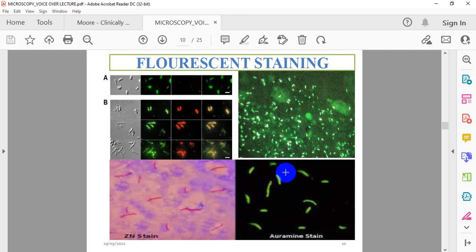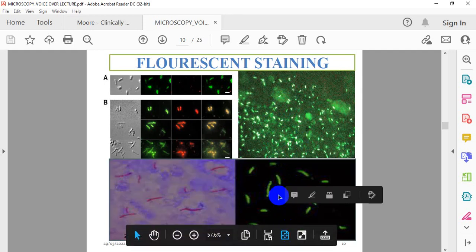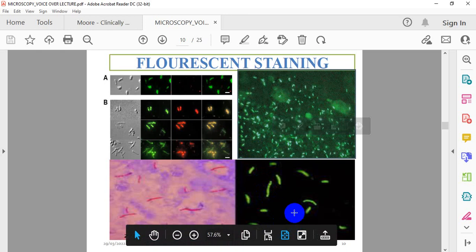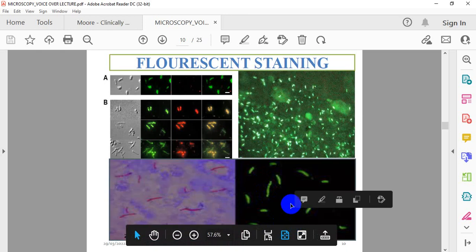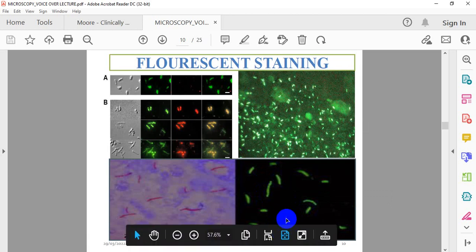In doing fluorescent microscopy in a district or regional hospital lab, or even a teaching hospital, we use the auramine staining technique. The name is over here, auramine staining technique.